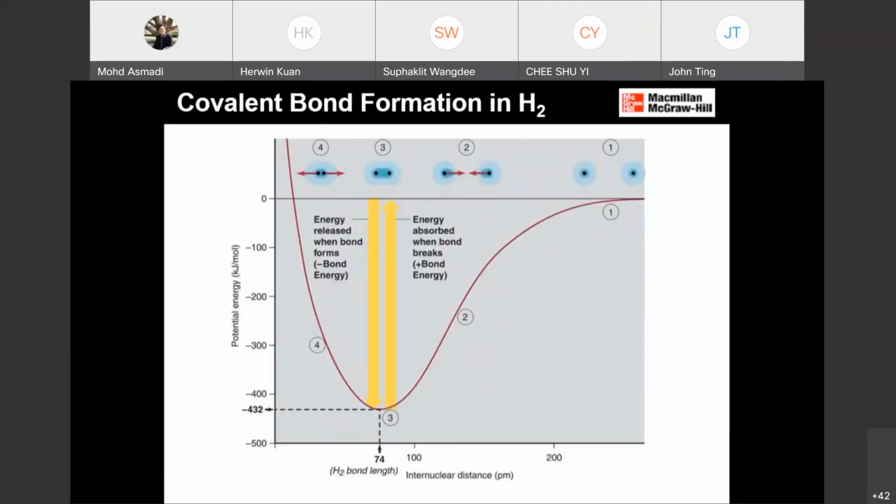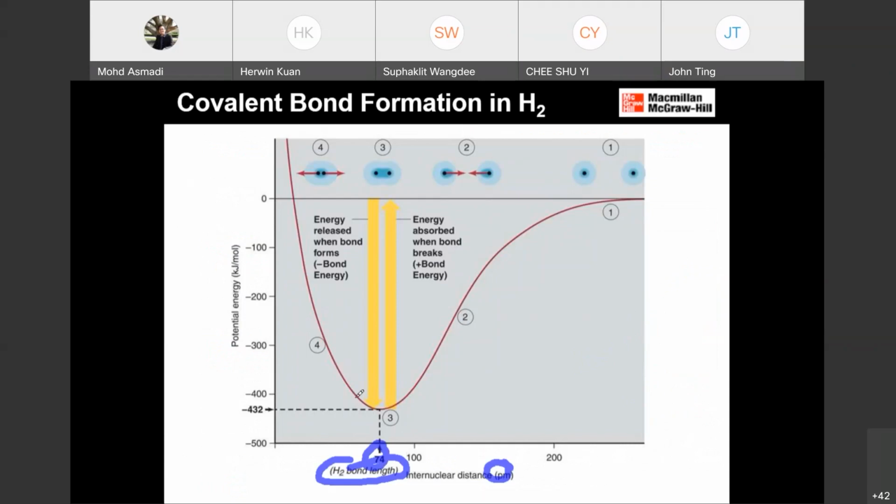So this is another example, the picture. If you look at here, the bond length of hydrogen is about 74 picometers. Pico is times 10 to the negative 12, while nano is negative 9. Much smaller.